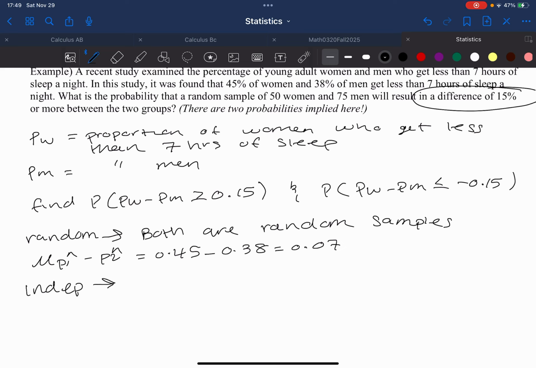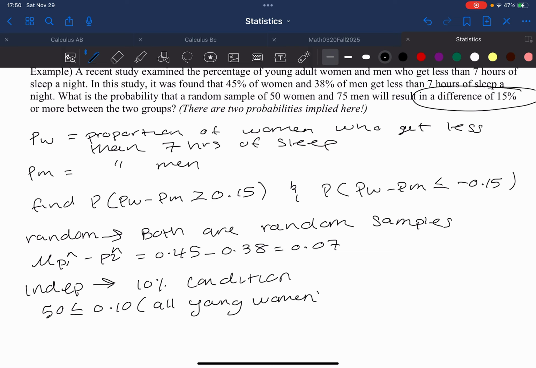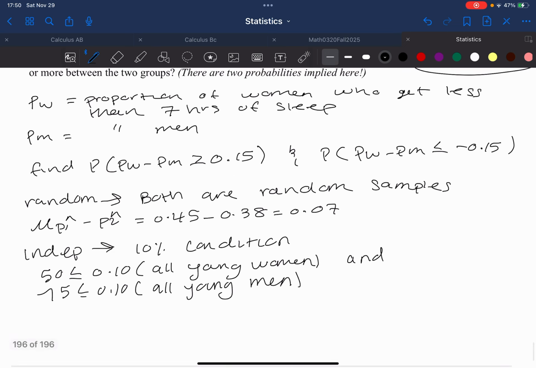And remember, for independence, it's the 10% condition. And we have to check it for both. So we have 50 is less than or equal to 10% of all young women, and 75 is less than or equal to 10% of all young men. Okay. Since these are safe assumptions, then we can find our standard deviation.